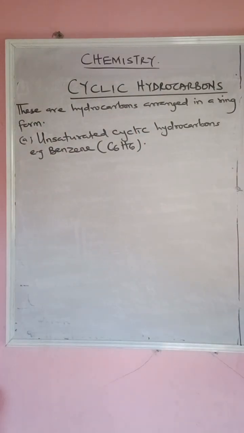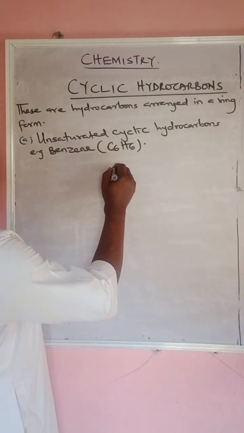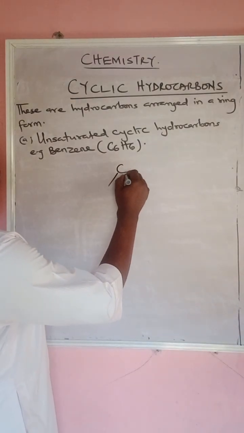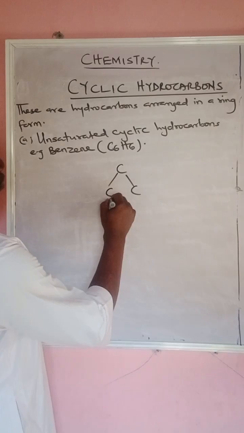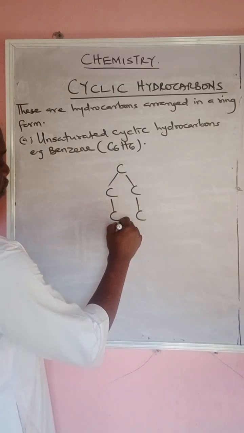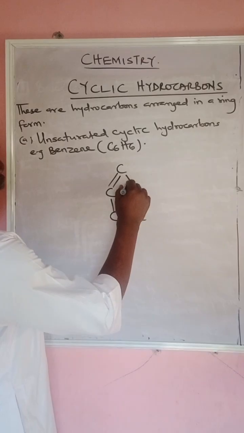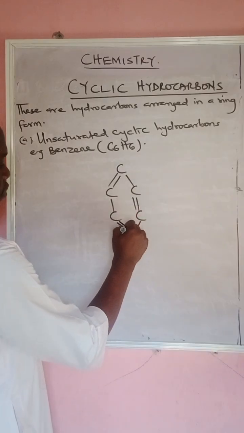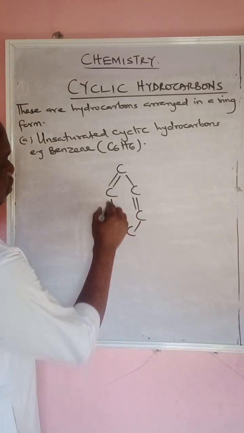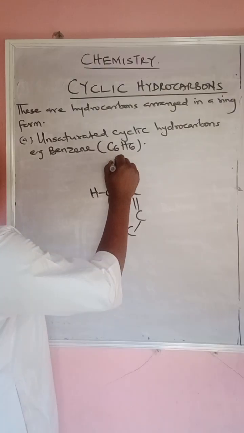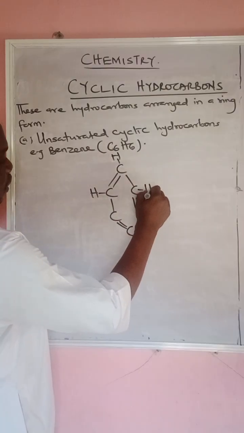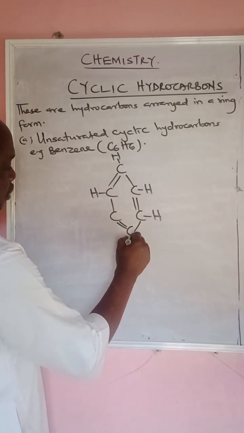We have carbons 1, 2, 3, 4, with hydrogen attached to each carbon.